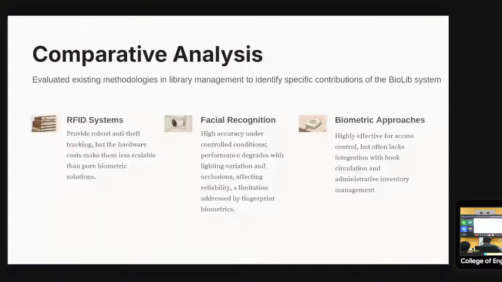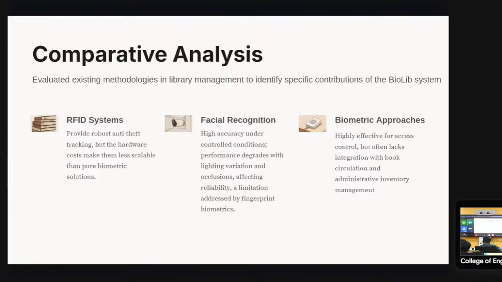Comparative analysis: we have evaluated the existing methodologies and identified how our system is different from others. Based on our research, RFID, facial recognition, and biometrics are the most common technologies used in existing systems.